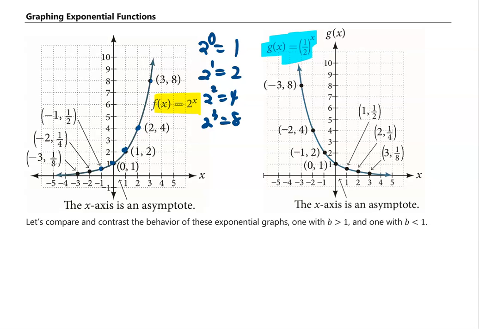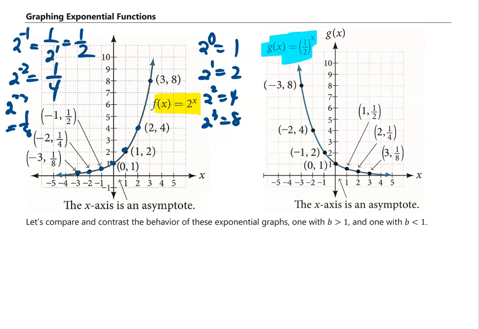Also, 2 raised to negative 1 is 1/2, 2 raised to negative 2 is 1/4, 2 raised to negative 3 is 1/8.